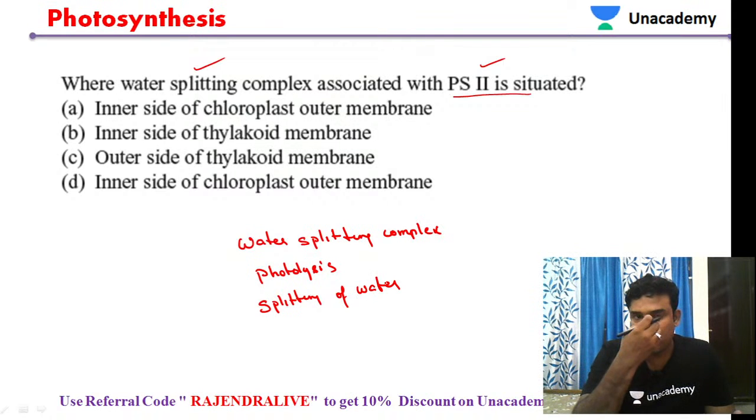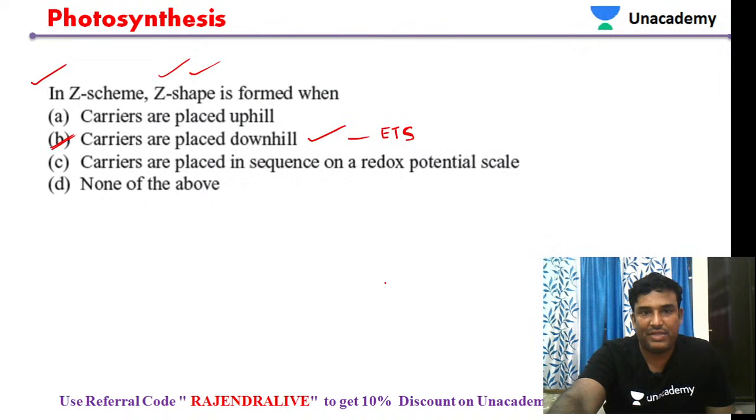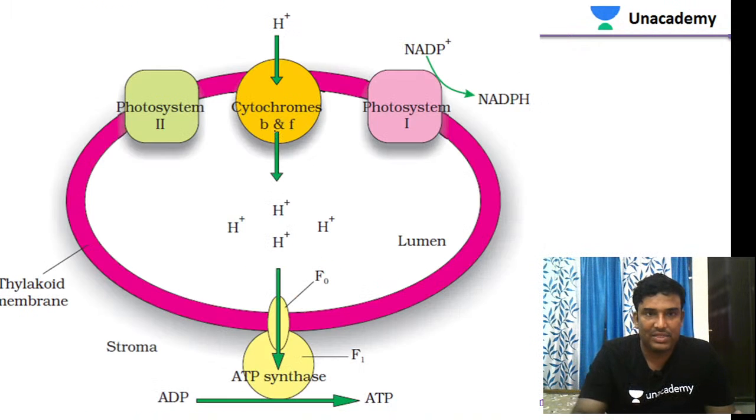So where is this water splitting complex taking place? You can see this diagram. The pink color one is the thylakoid membrane of the chloroplast. In that you see photosystem 2. Here you have the water splitting complex.